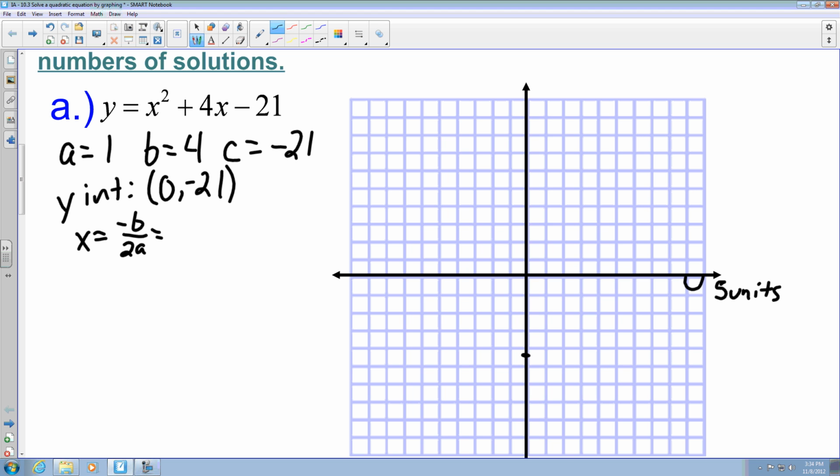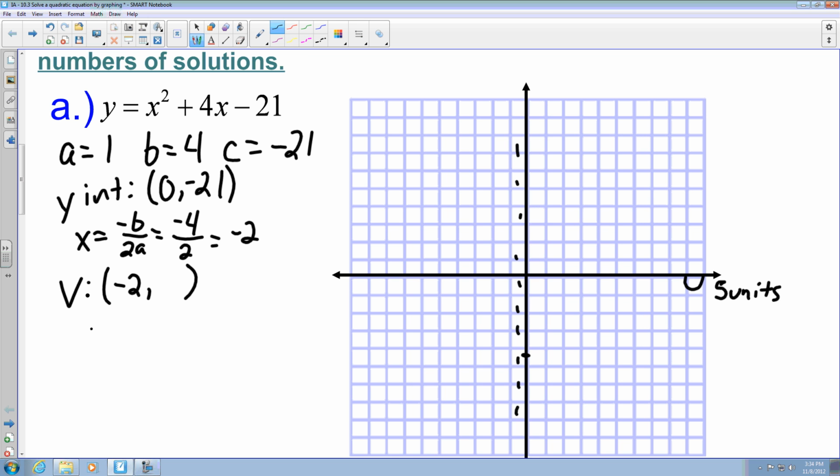So that equals negative 4 over 2 times 1, which is 2, and x equals negative 2. So somewhere right around here. And for our vertex, we know that the x-coordinate will be negative 2, but the only way we can find out what the y-coordinate is, is by substituting our negative 2 into our original equation.